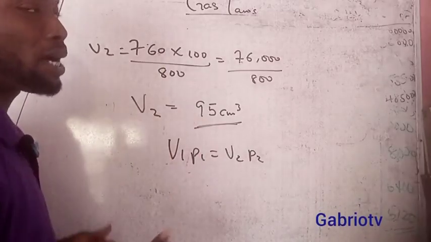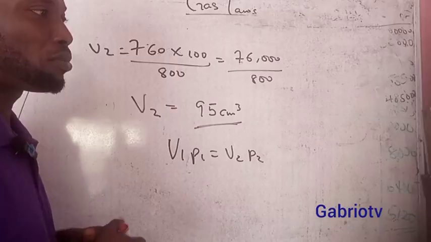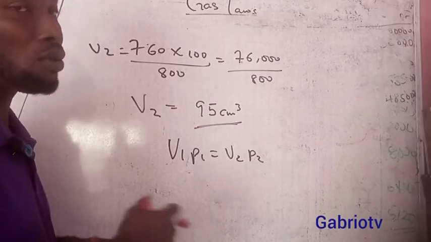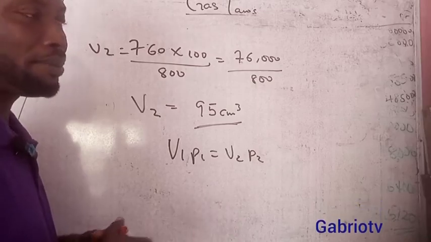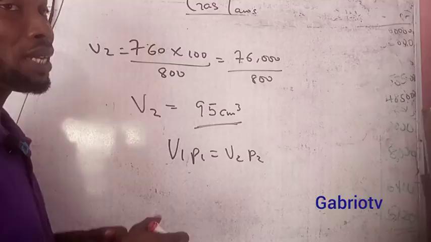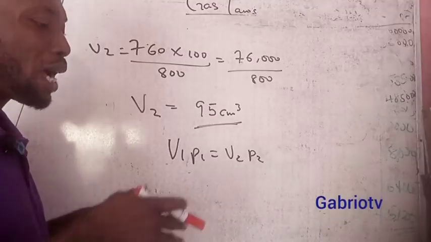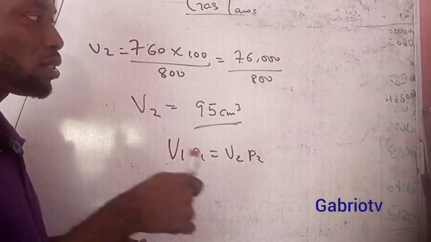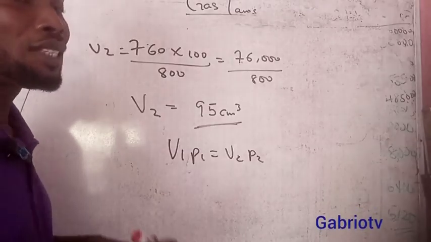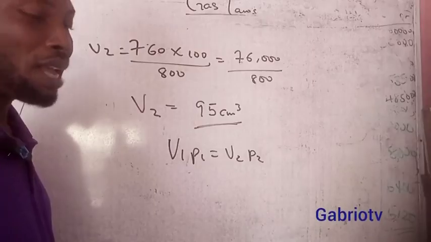You will just be given the parameters. But majorly WAEC and NECO will always put at constant temperature. Yeah, but I've seen some IGCSE questions and they don't put at constant temperature, they only put the question straight. That's to test your ability to understand that, oh, this is Boyle's law. How do I get that? I just know it through the parameters I'm given, and that is all about Boyle's law.